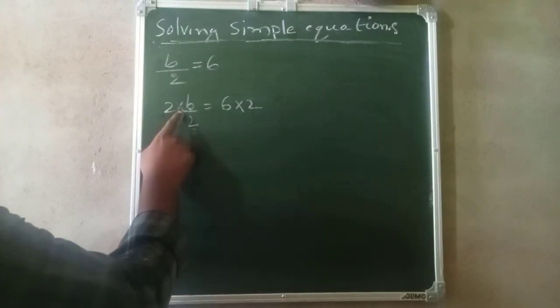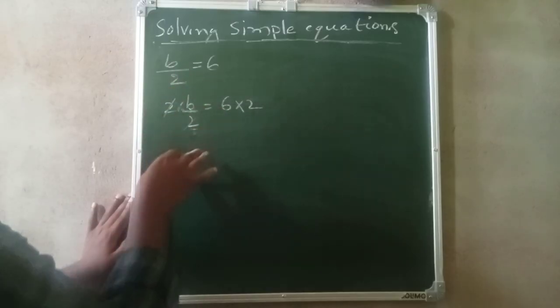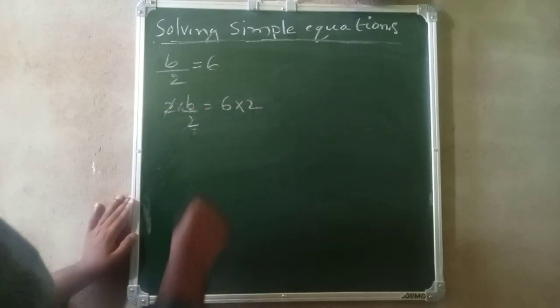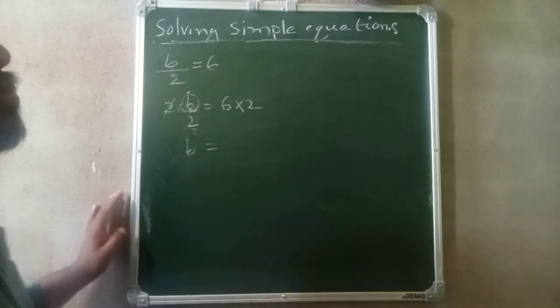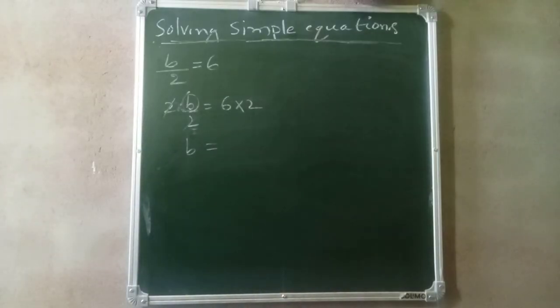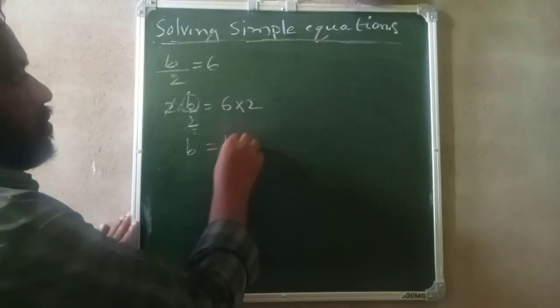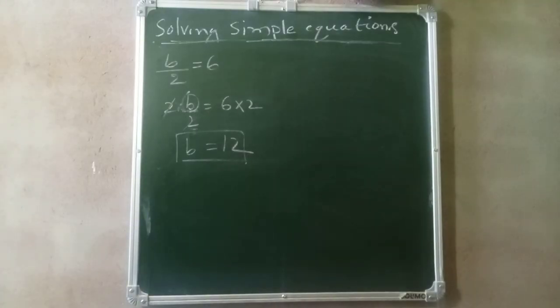Now because of this, you can cancel this 2 and 2, both are same. Next what is left? b is equal to, now 6 into 2 means 12. So we got b is equal to 12 as the answer.